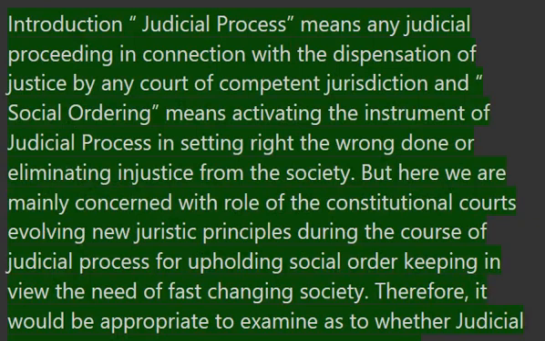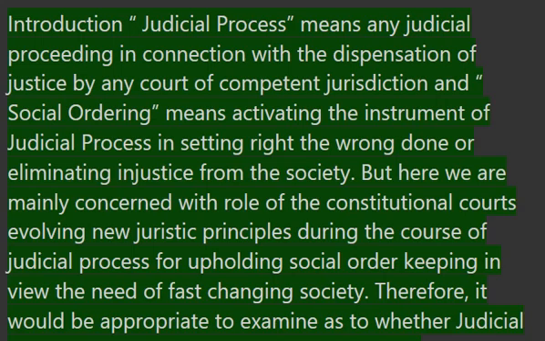Introduction. Judicial process means any judicial proceeding in connection with the dispensation of justice by any court of competent jurisdiction, and social ordering means activating the instrument of judicial process in setting right the wrong done or eliminating injustice from the society.